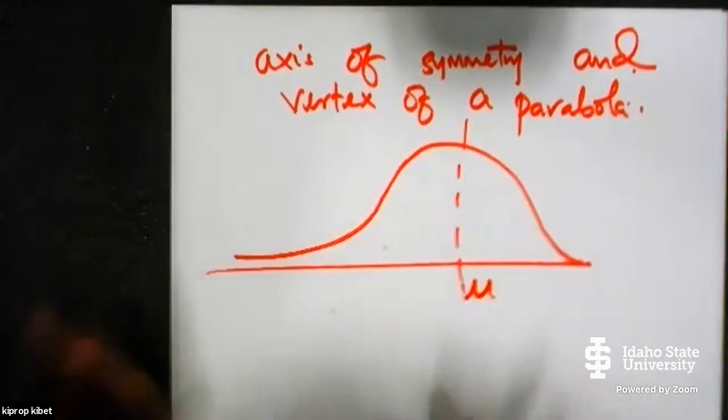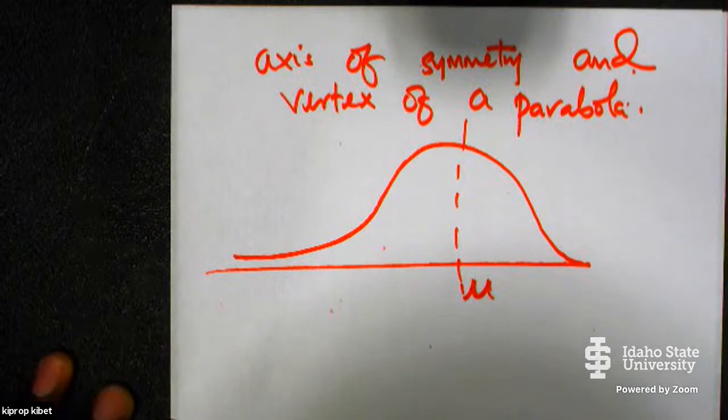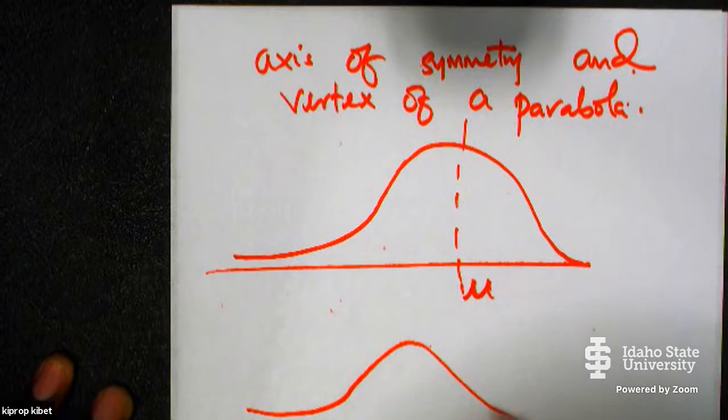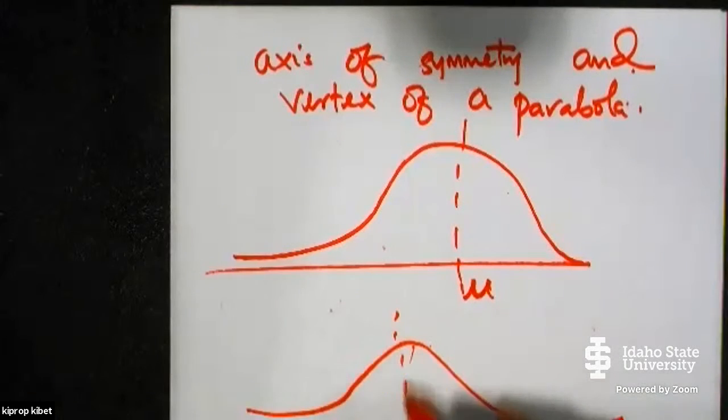So if this side is similar to the other side, then it is what? Symmetric. But if it is skewing, there is something we call skew to the left and skew to the right. You remember that? Maybe you did not do statistics. So if it is coming this way, this is still symmetric. So this side is similar to this if we bisect that line like that.